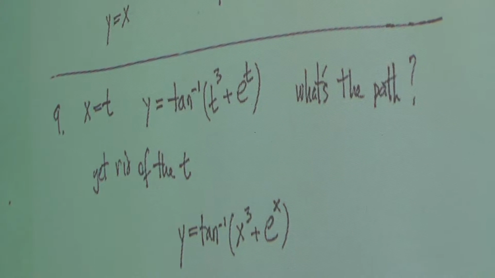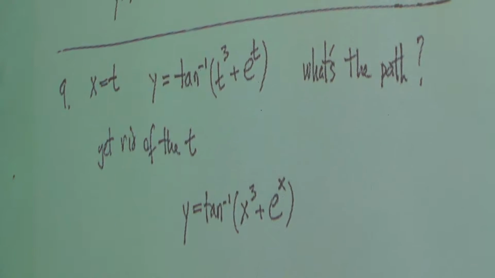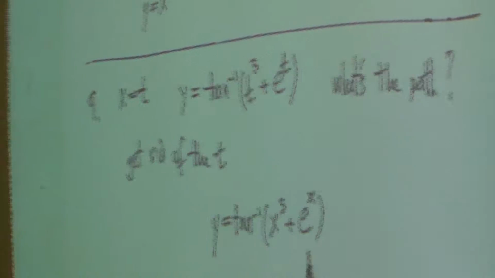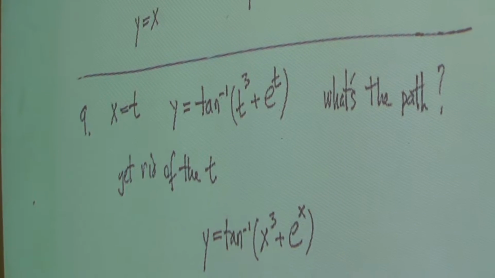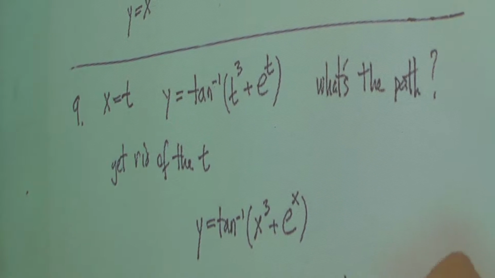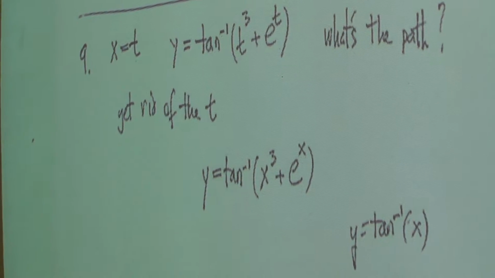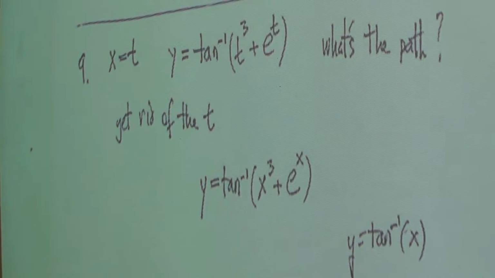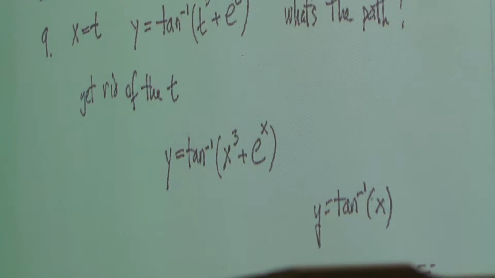Now, what that looks like, I don't know. I can tell you what tan inverse of x looks like, and probably this isn't all that different from tan inverse. If you had tan inverse of x, it looks like this. I believe these are at pi over 2 and minus pi over 2.